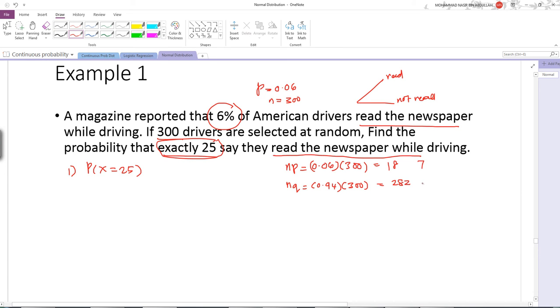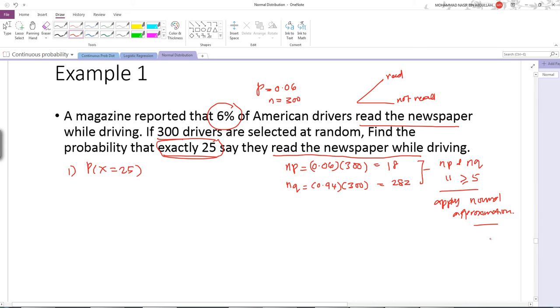So since both np and nq are more than or equal to 5, we can apply normal approximation.